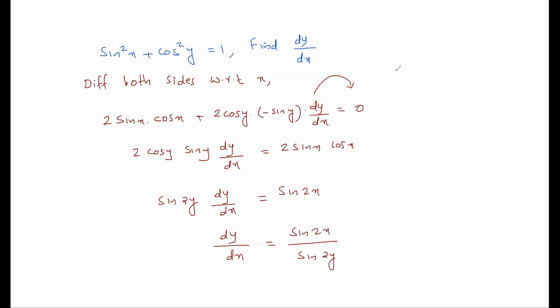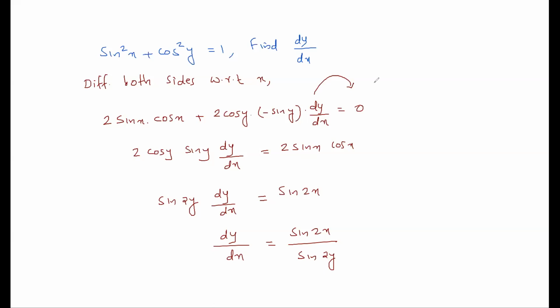That's the derivative. So this technique is known as implicit differentiation. The implicit function मतलब those functions in which we cannot separate x and y and write y is equal to something, उस फॉर्म में डायरेक्ट नहीं लिख सकते.